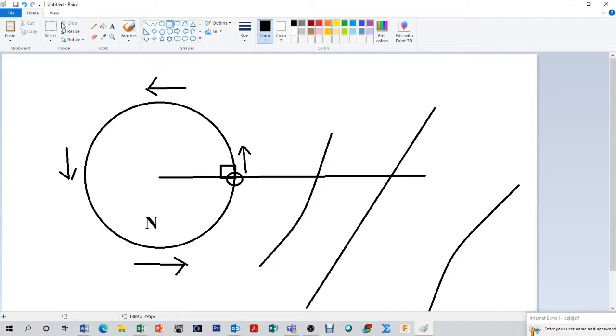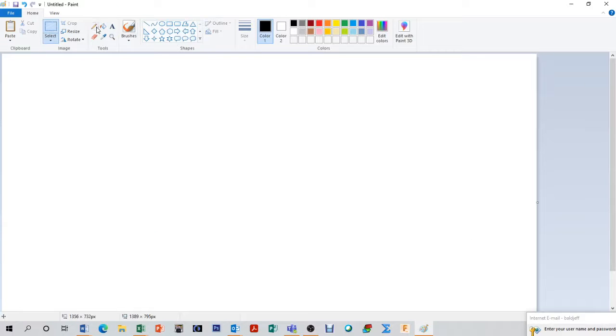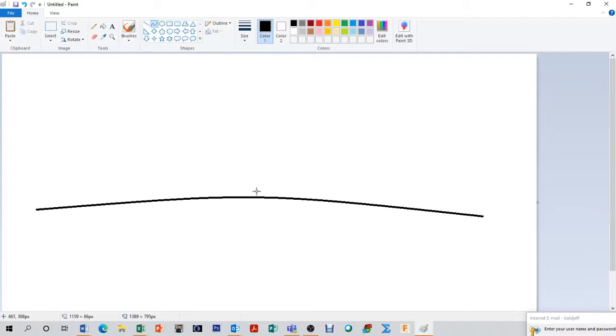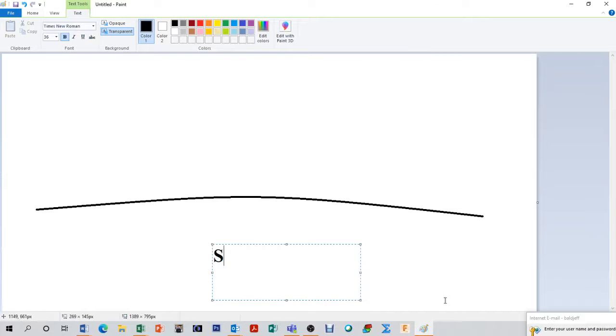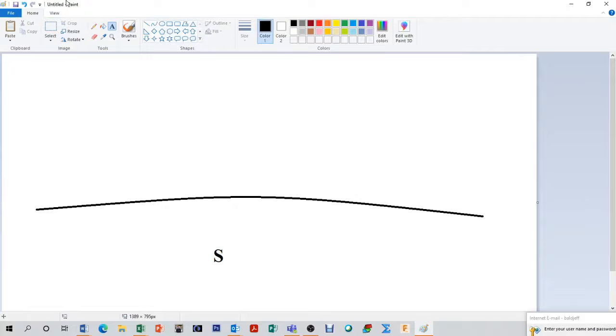Okay, so when I look at a star in the south, there's its path. Here's south. Okay, at least make it look like it's in the south. Here's southeast, here's south, here's southwest.